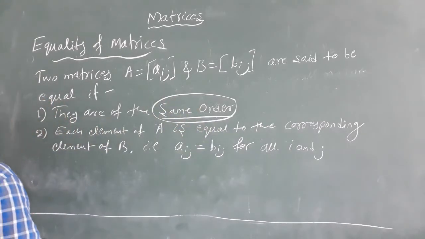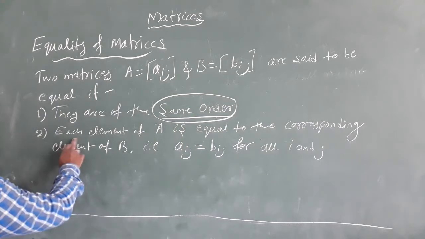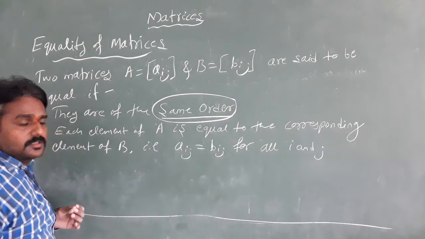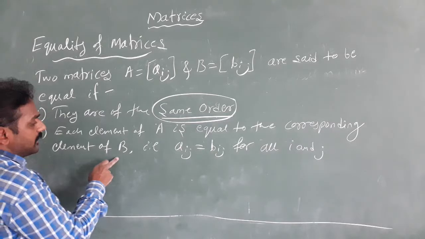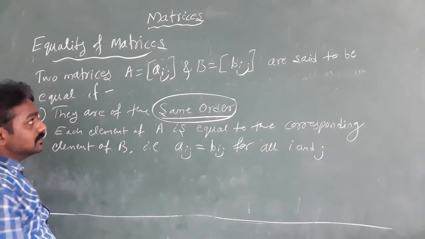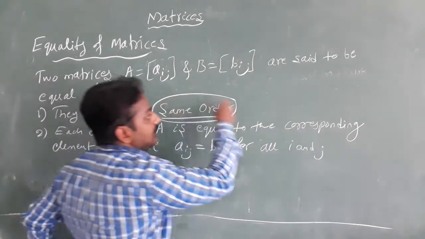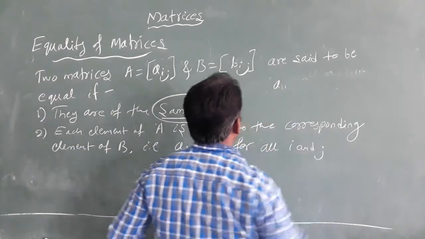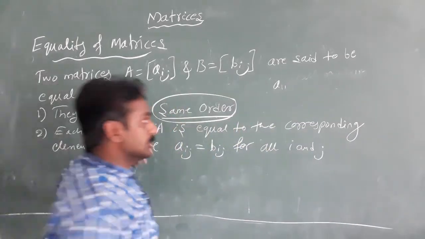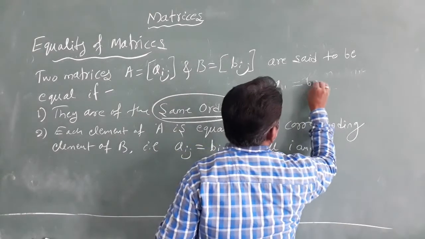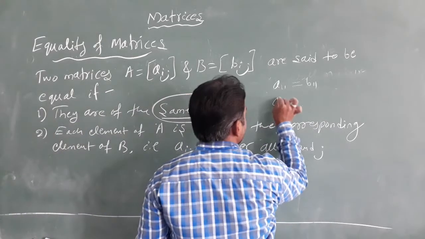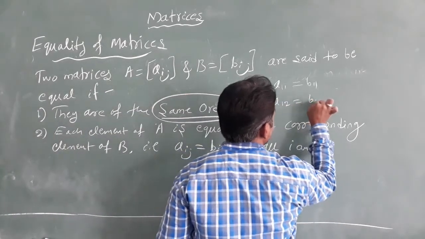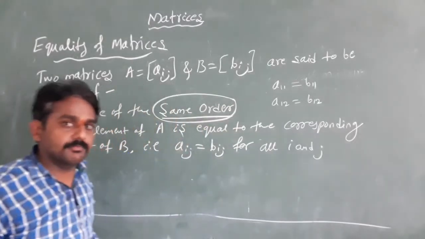Once you have the same order matrices, what is the next thing? Each element of A is equal to the corresponding element of B. That is, if I consider A11, the element of matrix A, that should be equal to B11 of matrix B. If I take A12, then that must be equal to B12.